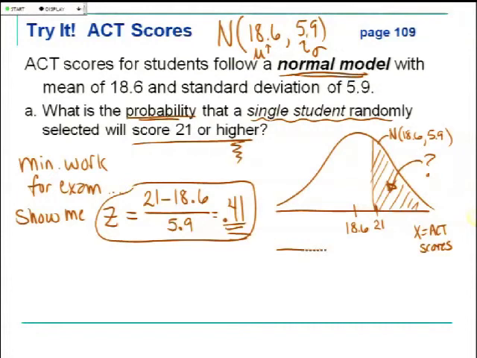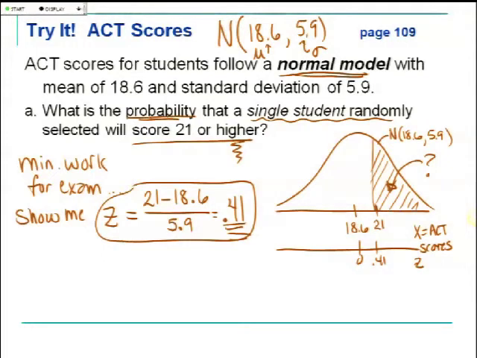You're looking at the z-scale, and you get that 21 is only 0.41 standard deviations above the mean. And if you look at 0.41 in your z-table, you get what, 6591? And I know that that can't be the right answer because of my picture. My picture shows me it must be less than 50%, just by what I shaded.